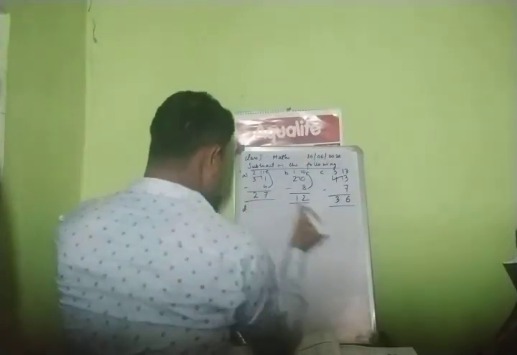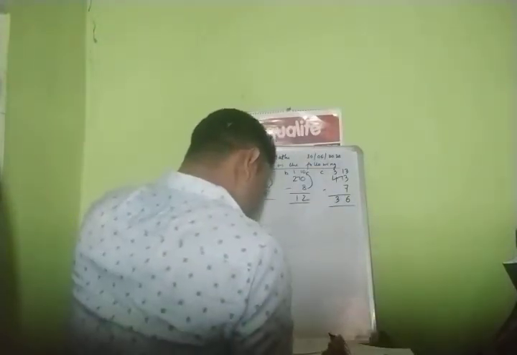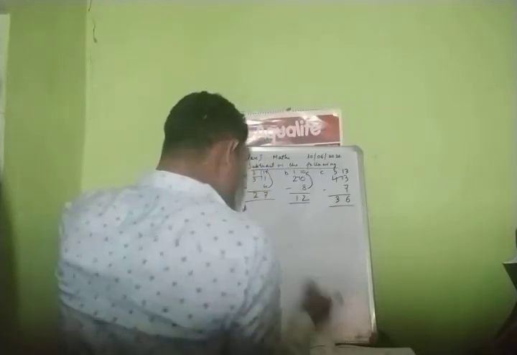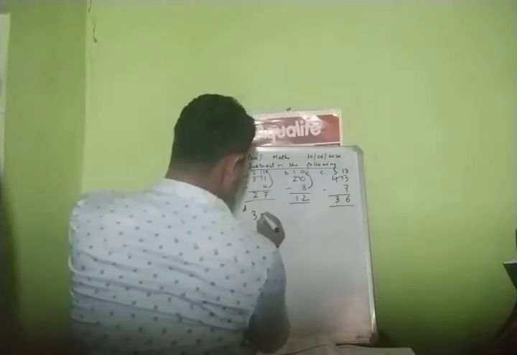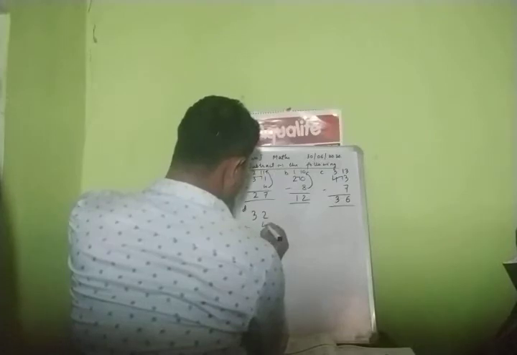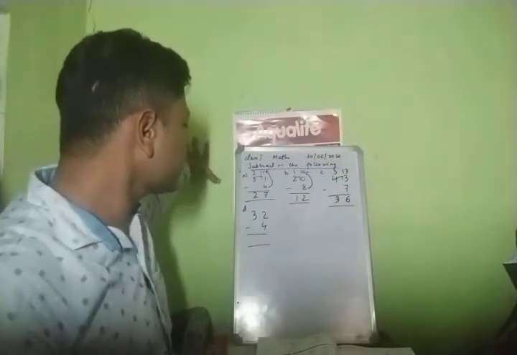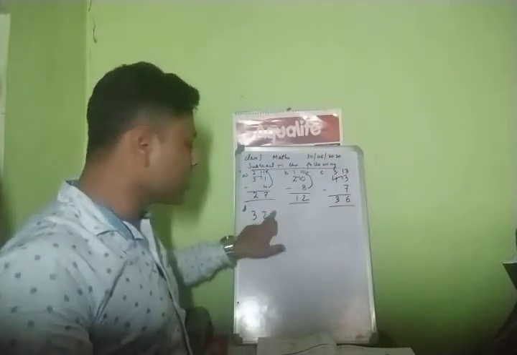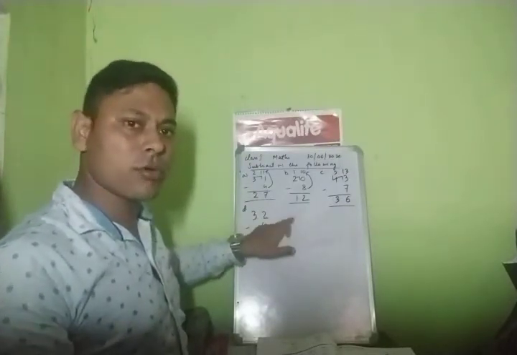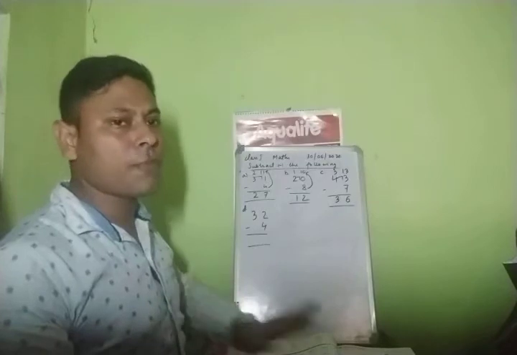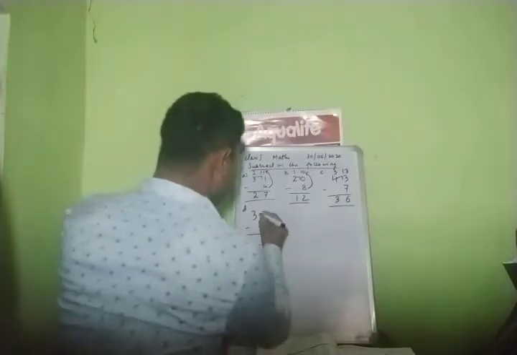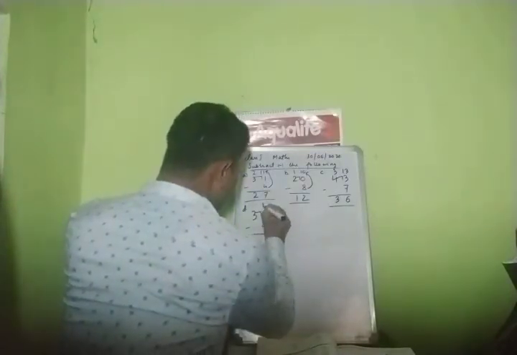Question number D. 32 minus 4. From 4 can you go till 2? Never. Not possible. So what you have to do? You have to borrow from here. 1, 2, 12.